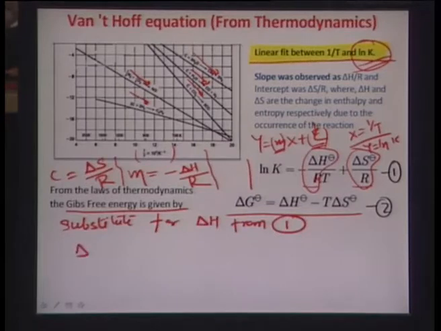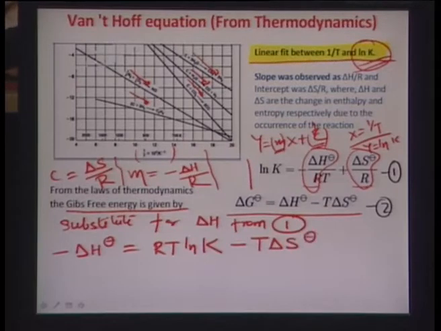Delta H would also be represented as minus RT ln k plus T delta S, and so delta H theta can be represented as T delta S theta minus RT ln k.